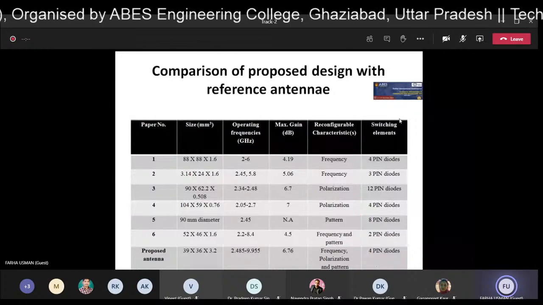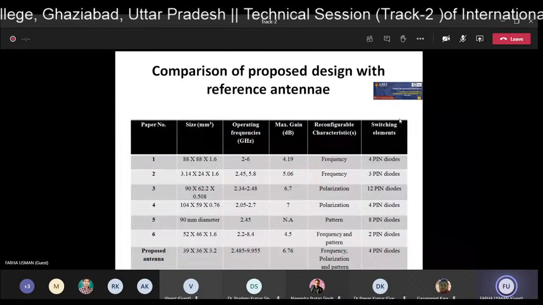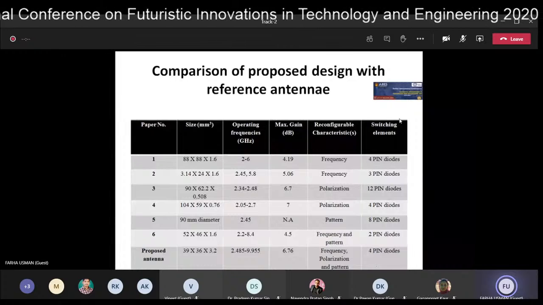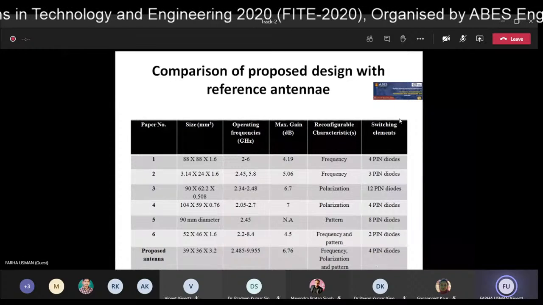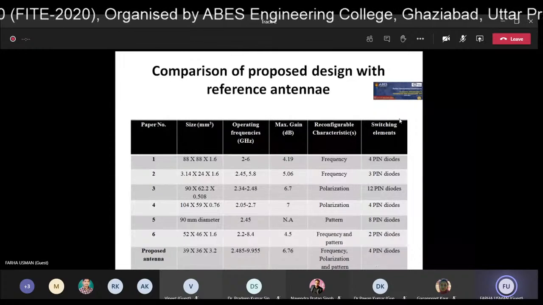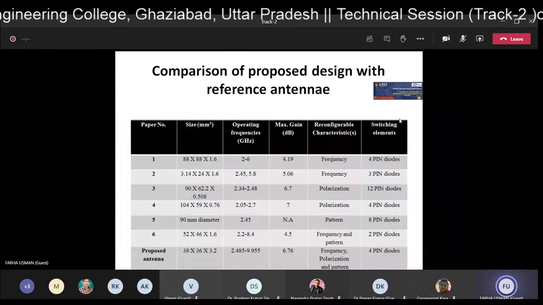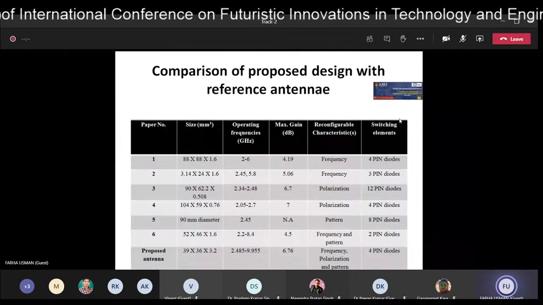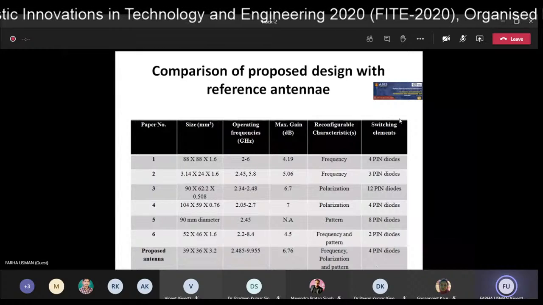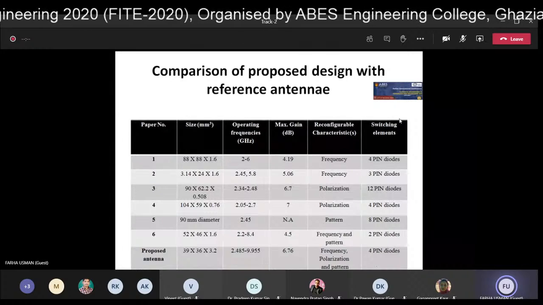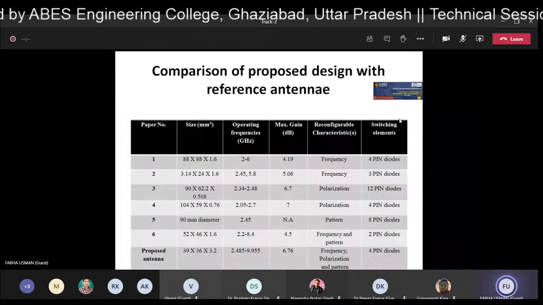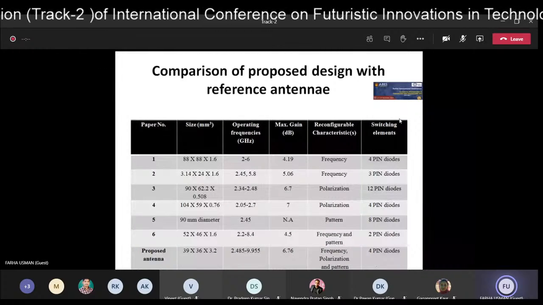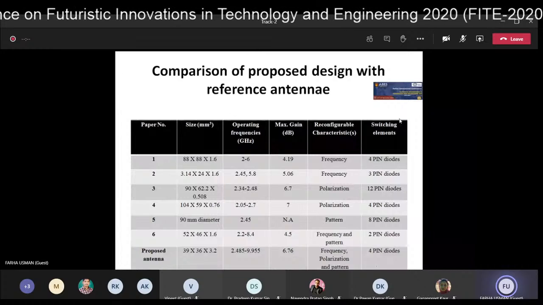As we can see on the screen, the reference paper 1, which I have taken for my paper, has an antenna of size 88 millimeter by 88 millimeter by 1.6 millimeter, and the operating frequency for that antenna is 226 gigahertz. The maximum gain that has been achieved from that antenna is 4.19 dB. The antenna was exhibiting diversity in frequency only, and it was using 4 pin diodes for switching.